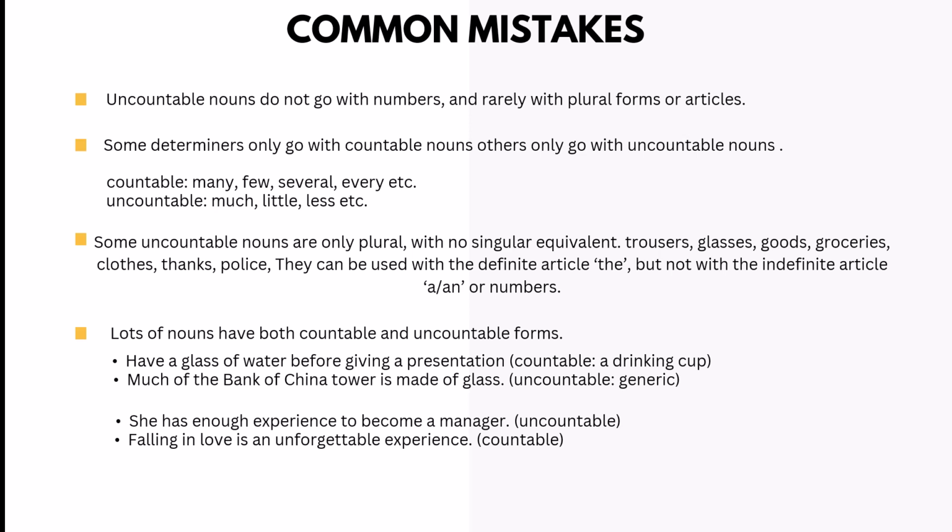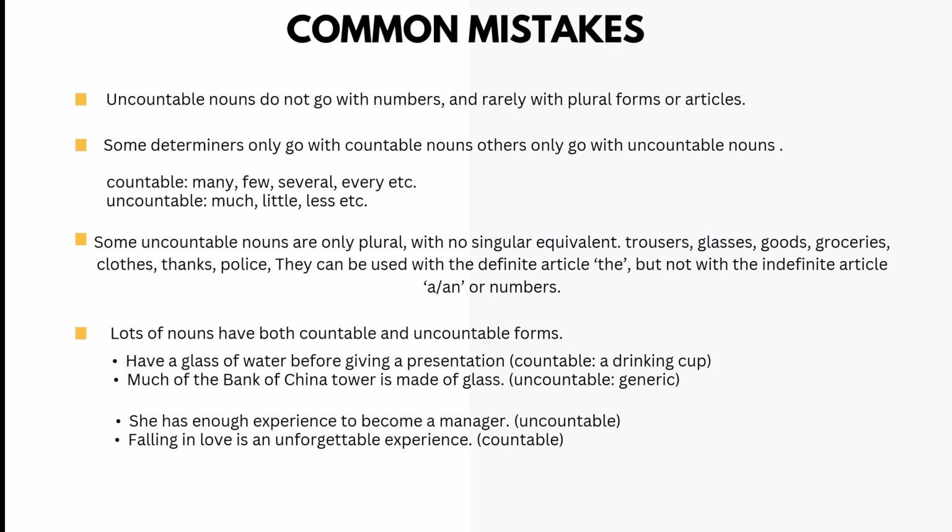As we talked about before, like trousers, glasses, goods, groceries, clothes, thanks, police, they can be used with the definite article the, but not with the indefinite articles a or an or numbers. As I told you before, a or an can be used only with countable nouns.